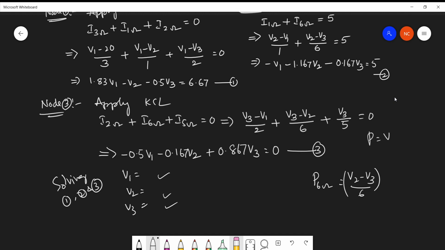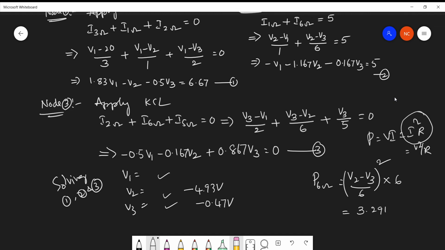Power P is equal to VI, or I square R, or V square by R. Here I am considering I square R. This is the current, so take the square times the resistance, 6. Once we have the V1, V2, V3 values, V2 is 4.93 volts and V3 is 0.47 volts. Substituting those values, we get the power dissipation in the 6 ohm resistor as 3.29 watts.